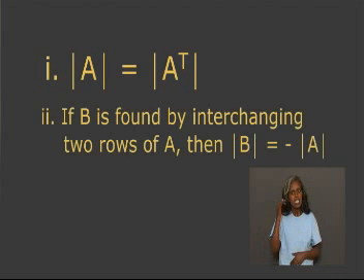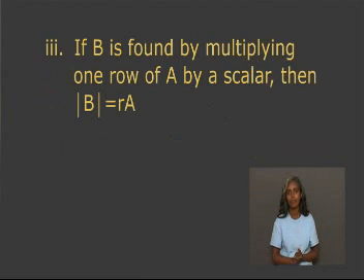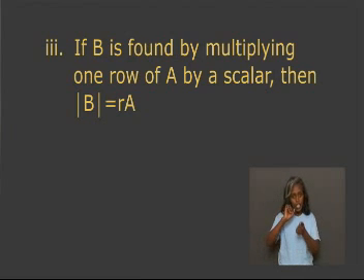Imagine we make a new matrix by multiplying one row or column of an old one by a scalar. If we did, the determinant would be the same as the determinant of the old one times the scalar. If we were to make a new matrix by interchanging two columns of an old one, the determinant of the new one will be the negative of the determinant of the old one.